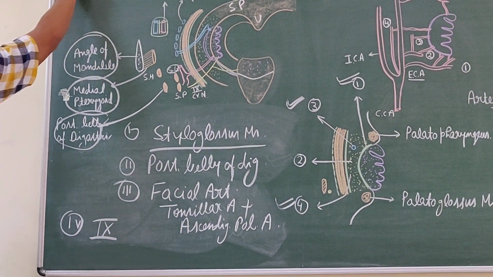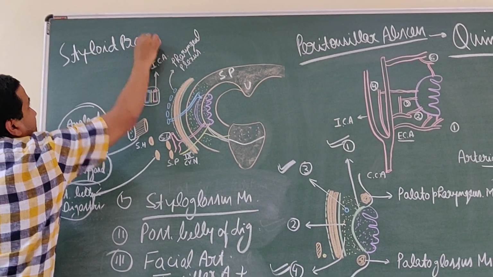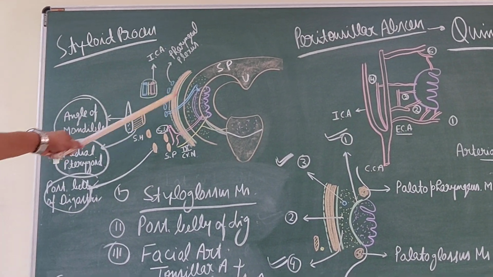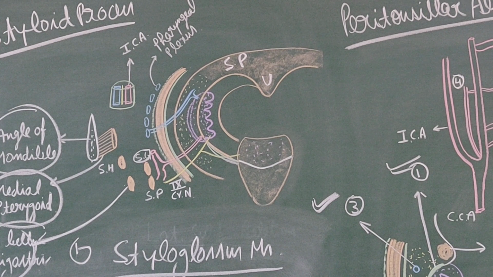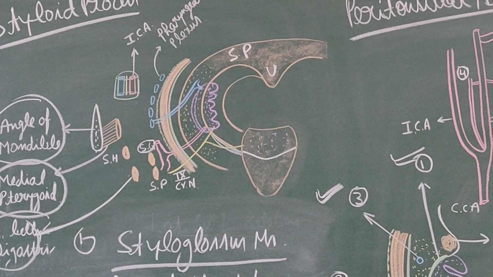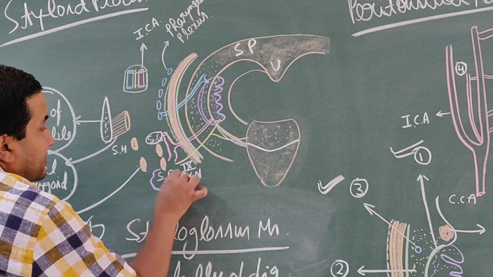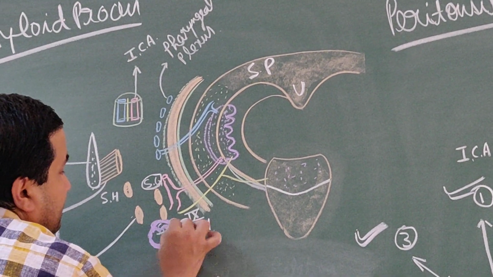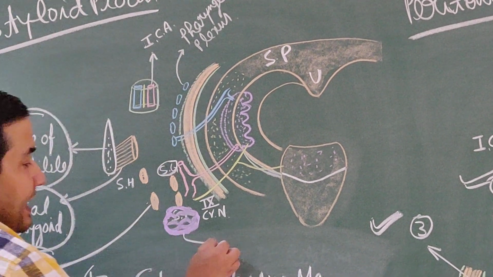Then it is the styloid process. When it enlarges, it comes in relation with the lateral surface of the tonsil, separated by these constrictor muscles. And here is present the submandibular salivary gland.